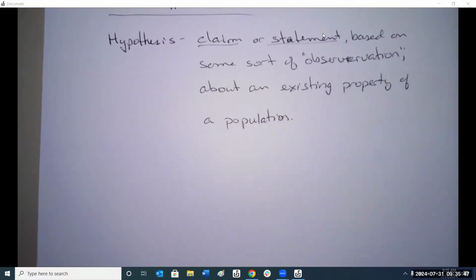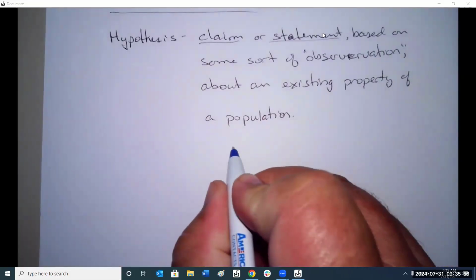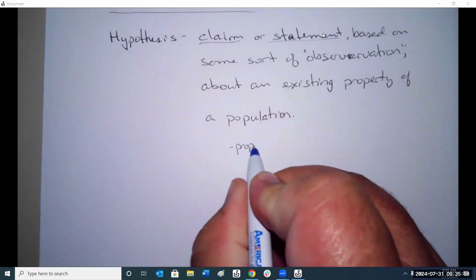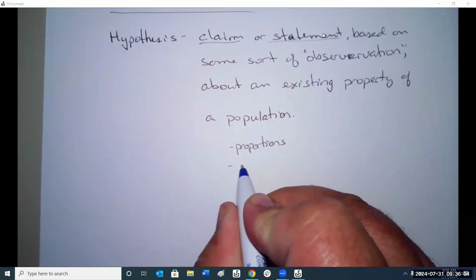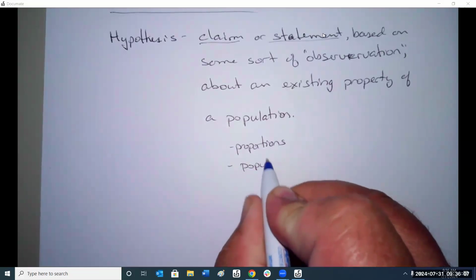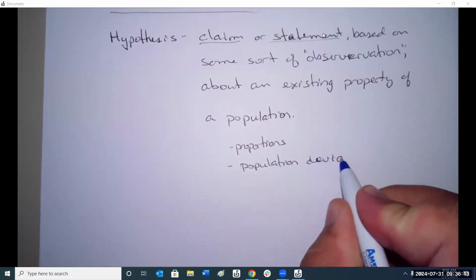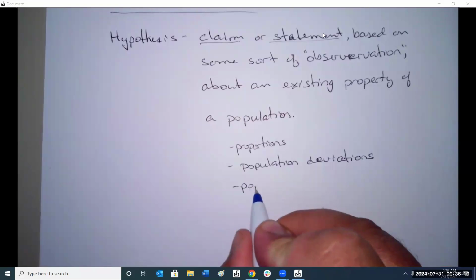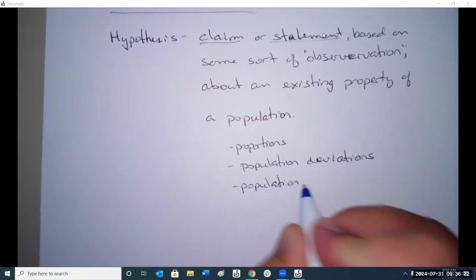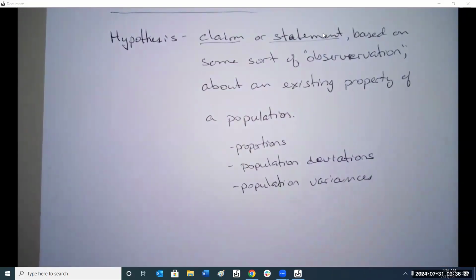All right. So we have a couple of ways that these things can be done. Here's some examples of them. We deal with proportions, population deviations, population variances.